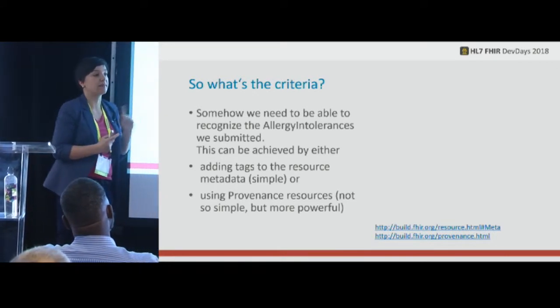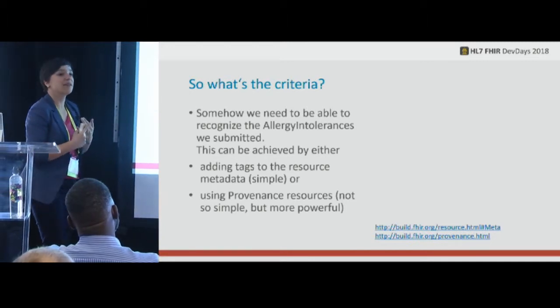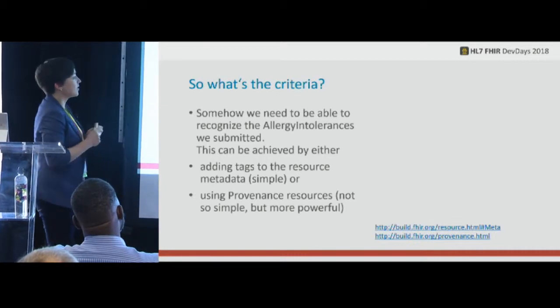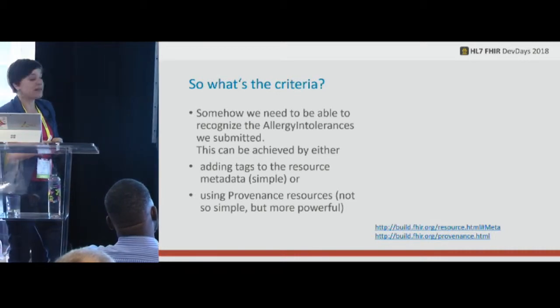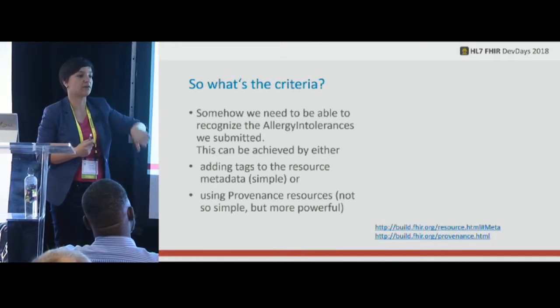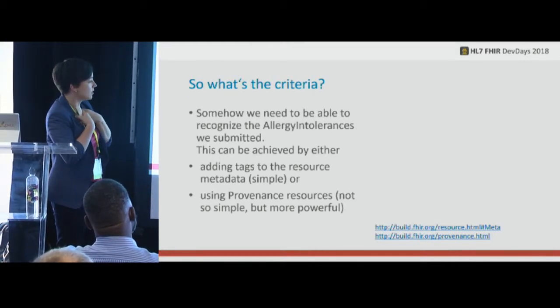Of course, we can select the allergy intolerances for our current patient, but how do we select the allergy intolerances that we created? There are actually 2 ways to do that. The easy way is to simply slap a tag on every resource that we create so that we can select them by just selecting the tags and find out which are our resources and which are not.